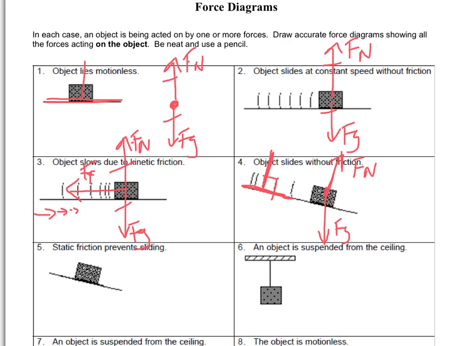Alright, let's see if I can fit this in down here. Static friction prevents sliding, so over here I'm going to draw it off to the side. There's gravity, there's the normal force, and in this case there's got to be a force keeping it from wanting to slide down, which would be friction pushing up that way.